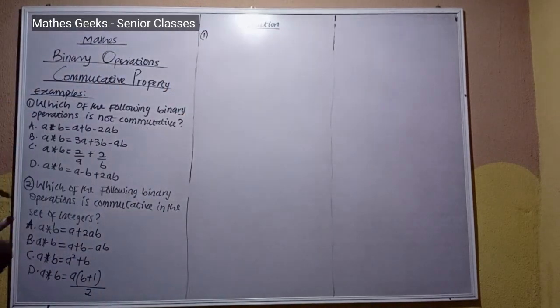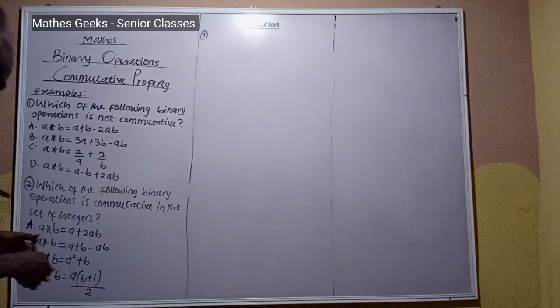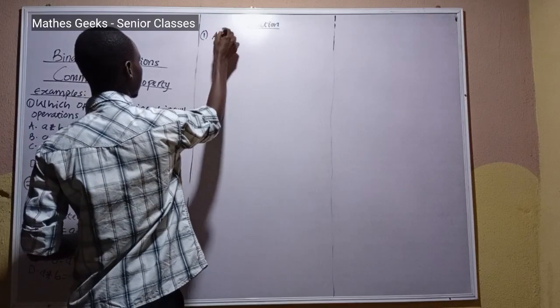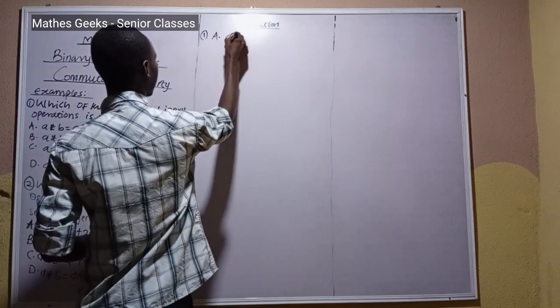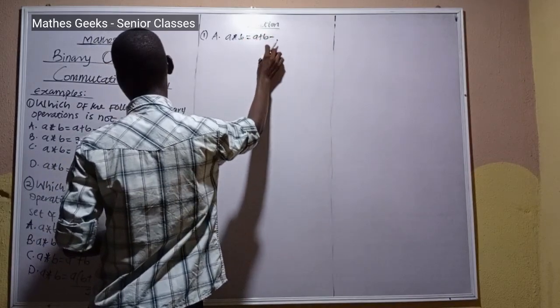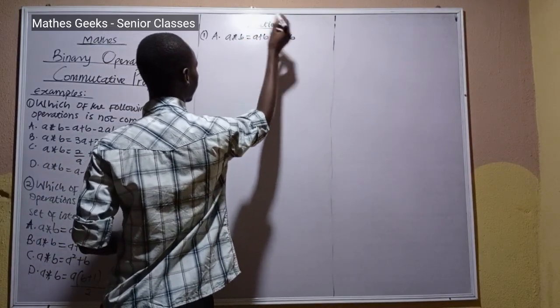Which of the following binary operations is not commutative? So from the options A to D, we have to pick the option that has a binary operation which is not commutative. So for us to find out, we need to take each of them one after the other. So A, let's find out A. Option A says A star B is equal to A plus B minus 2AB.